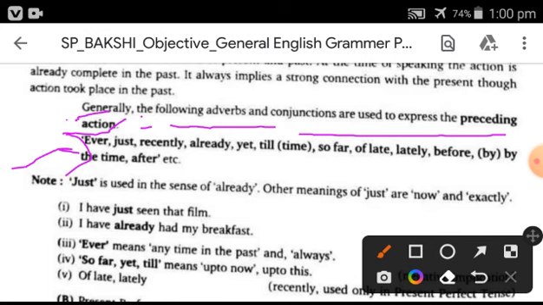When these words are used in a sentence, we have to use present perfect tense. Words like ever, just, recently, already, yet, up to now, so far, lately, before, and many more. Let us check it out with examples.